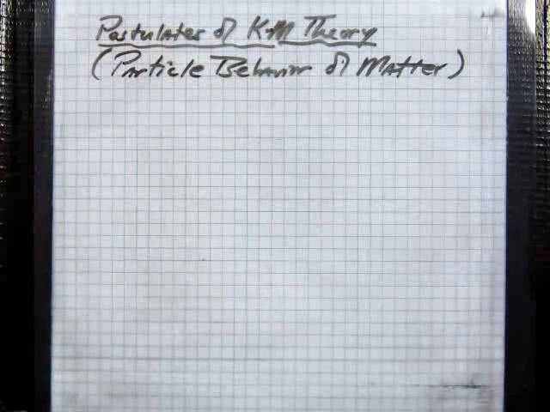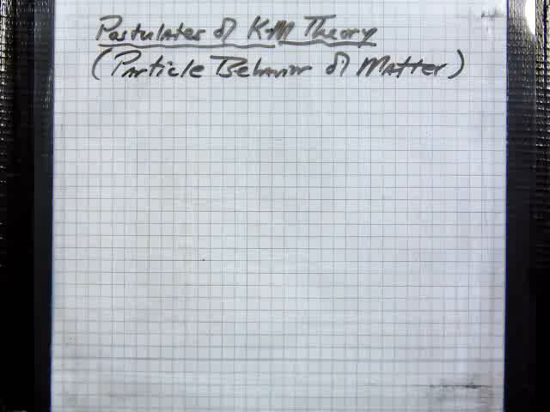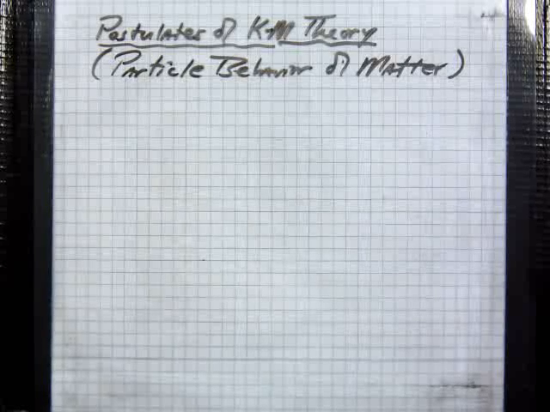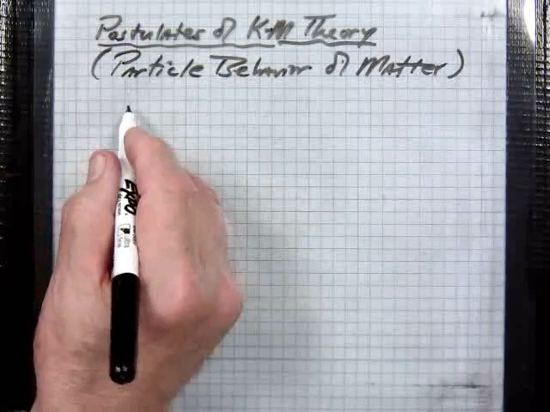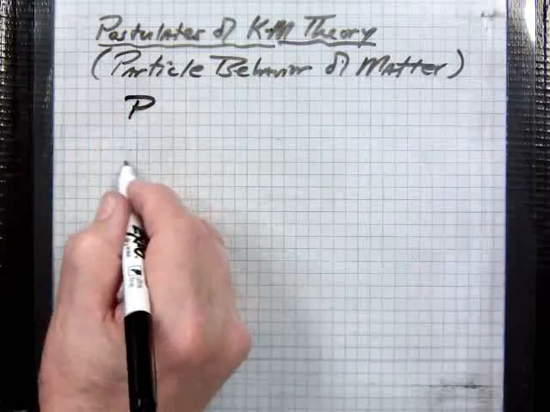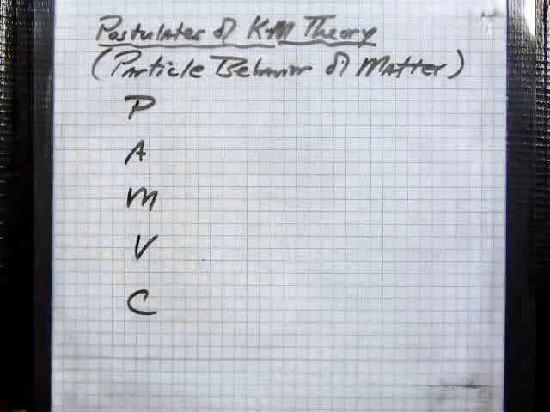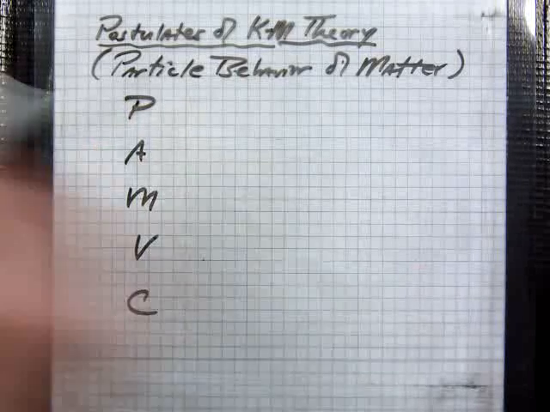Now, I've tried over the years to find acronyms to help students remember these things. And so for this one, I have a simple acronym, and you just kind of have to remember the last two letters, I guess: P, A, M, V, C is the acronym for the postulates of the KM theory.